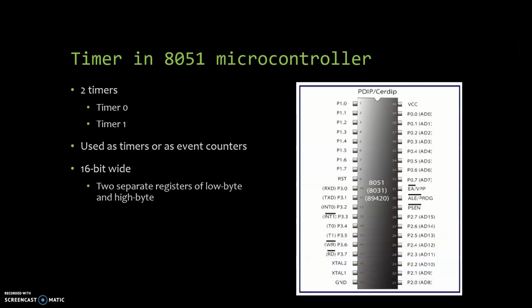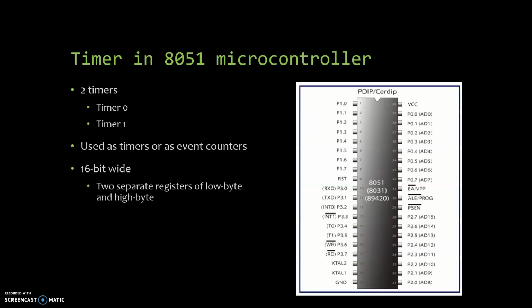Now, a timer in an 8051 microcontroller. On the picture to the right is an 8051 microcontroller, and you can see the different pins and the different things that it can do. This type of controller has two timers, timer 0 and timer 1.